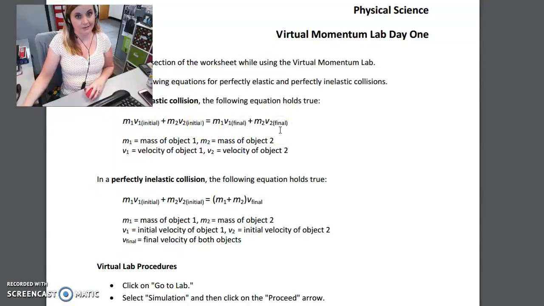Prior to the collision, they have a certain velocity; after the collision, they have a different velocity. Mass shouldn't change unless something blew off, but we're going to say mass does not change before and after the collision. You should set those equal to each other, because this goes along with the law of conservation of momentum.